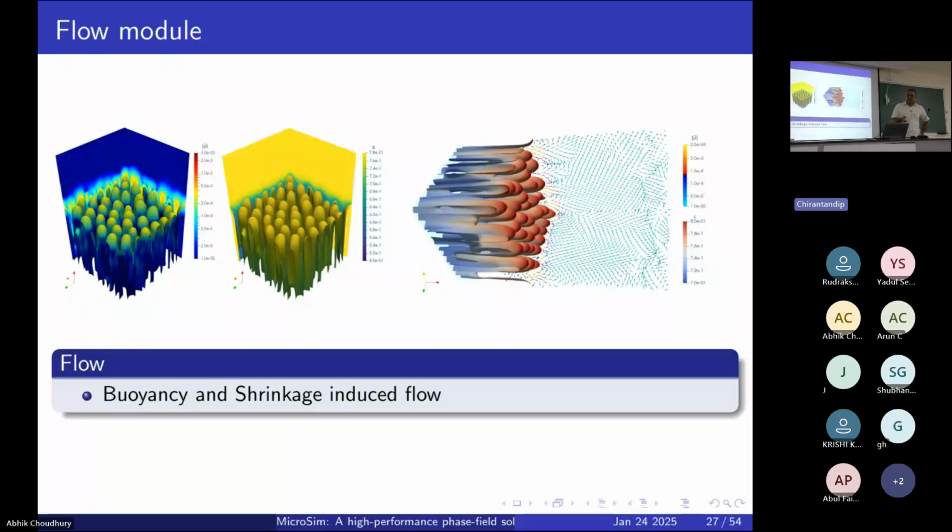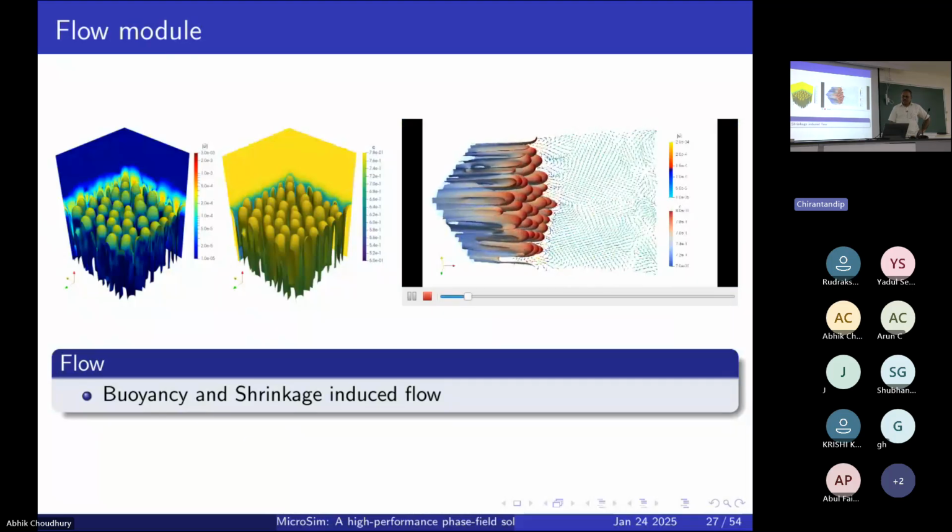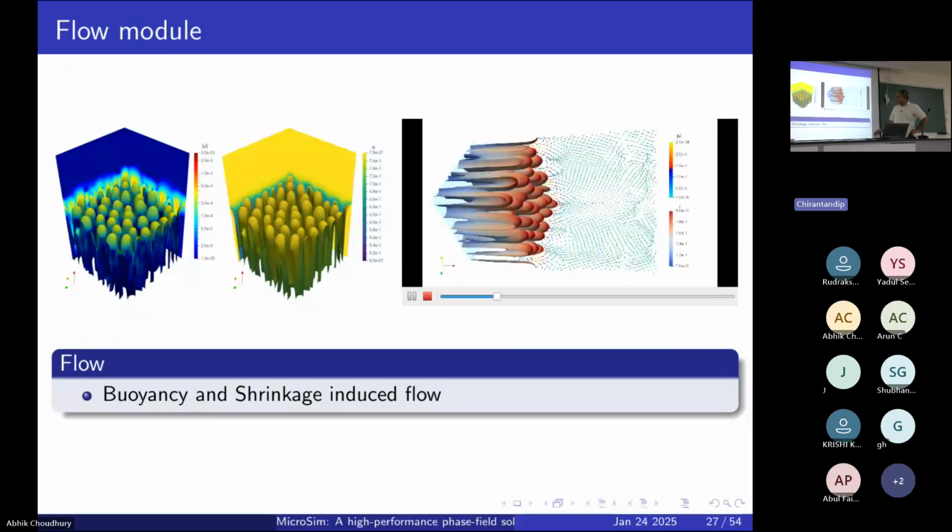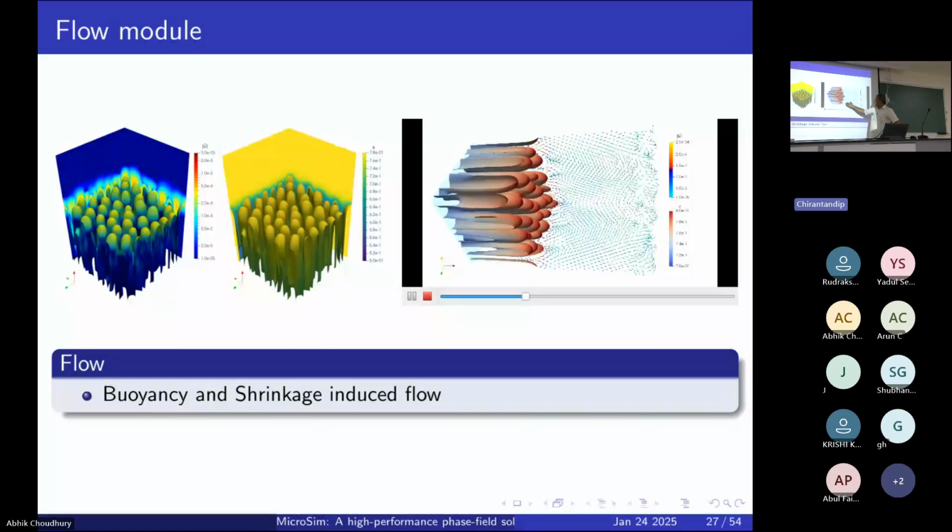So you have to grow the same crystal without channel formation, which means understanding the convection patterns that are happening, which is very difficult. So the ability to simulate them correctly is also important, and that is not there today in most of the codes. So what's the pattern here?